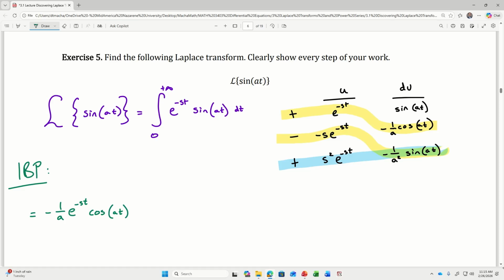Three negatives make a negative, so we get minus s over a squared e to the negative st sine of at, minus s squared over a squared times the antiderivative of e to the negative st sine of at.